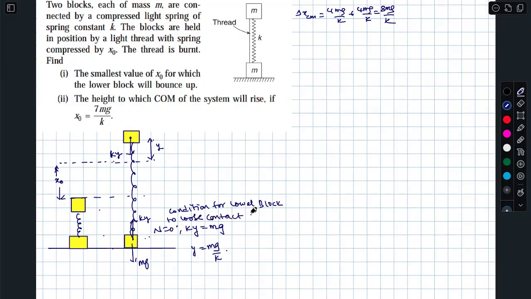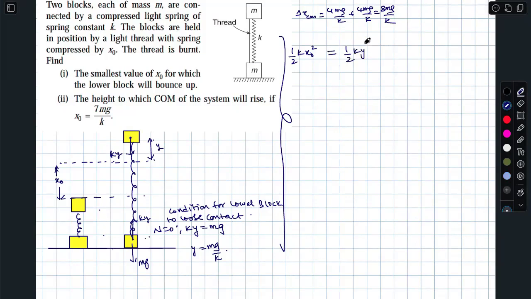Now the question is, at this point of time, what you will normally do is you will do law of conservation of energy. You will compare these two cases. Initially, what is the total energy? Half k x naught square is the total energy initially. What is the total energy finally?